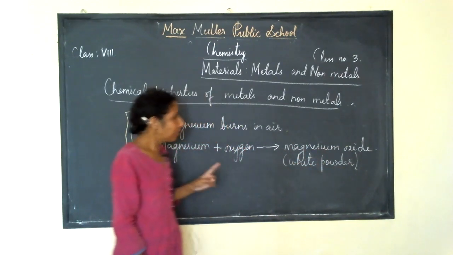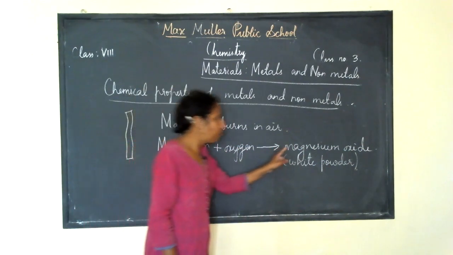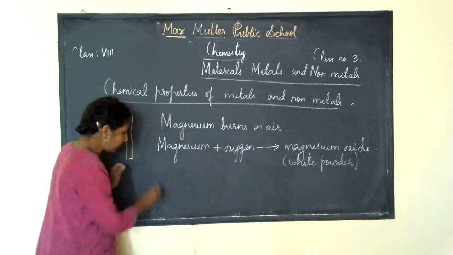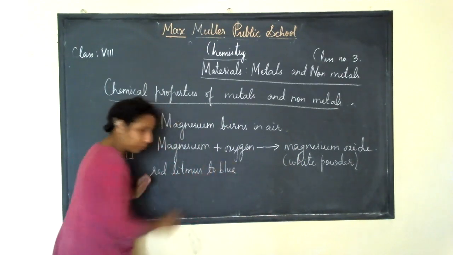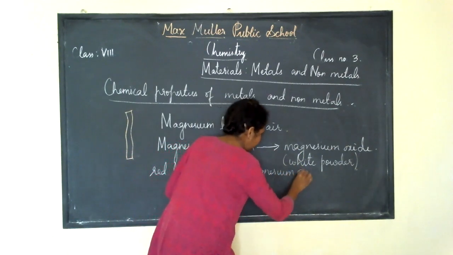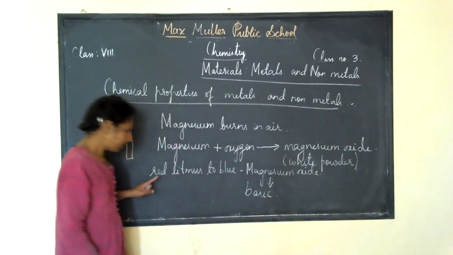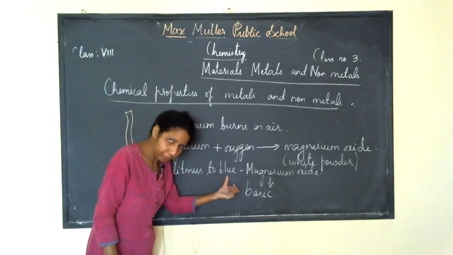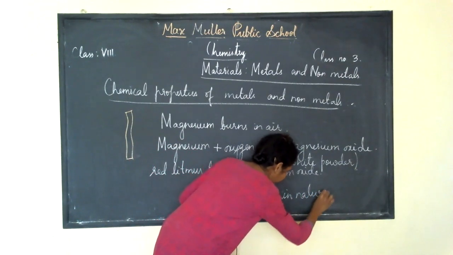Once again, magnesium burns in air means magnesium reacts with oxygen of air to form magnesium oxide, which is a white powder. If you dissolve this white powder in water and perform litmus test, it turns red litmus to blue, indicating magnesium oxide is basic in nature.